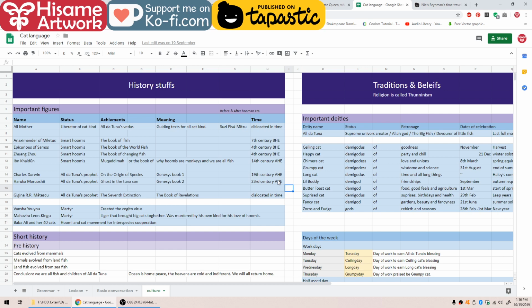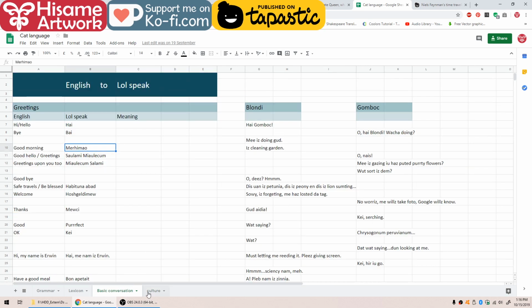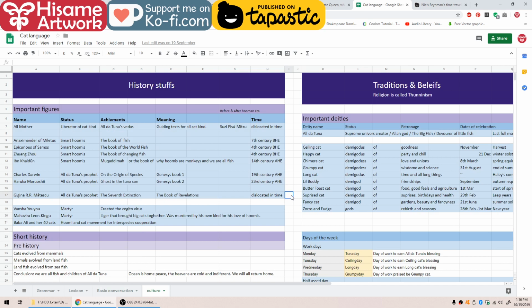Probably places where they'd be more welcomed. So, in that happening, their language would absorb Oriental words. So that's why I have merhimau and salami walaikum or something like that. I think I did something with salami. Miaulekum. Yeah. So kind of made a little history.